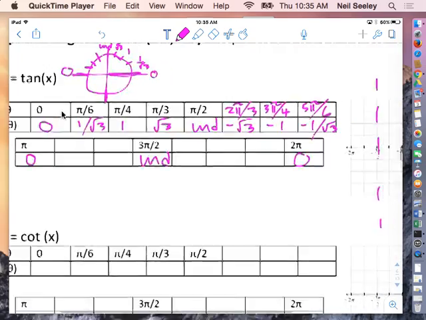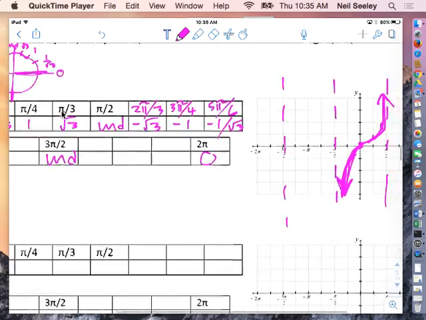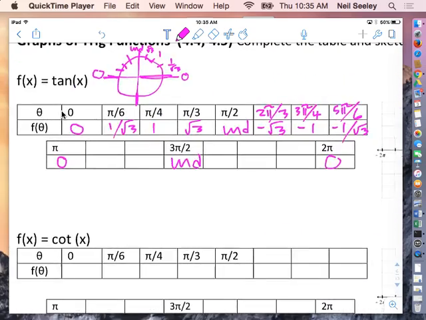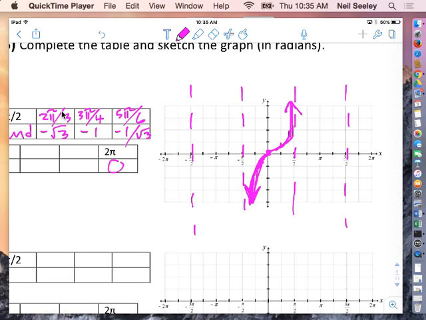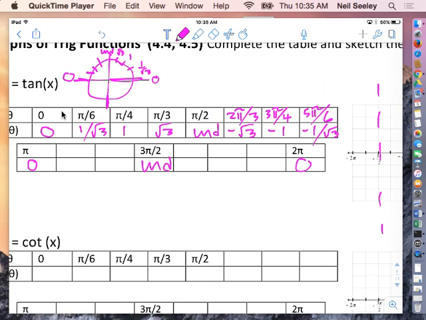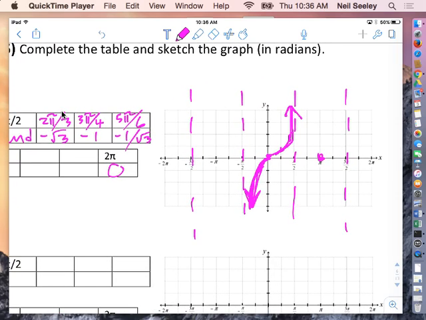Now, what's interesting is that every time you go over to, like, pi, for instance, didn't we put pi in? Pi gave us 0. Well, the graph repeats itself. If you put in some other values that I've left blank in here, for instance 7 pi over 6, which is facing right here, remember it's 180 degrees away, so the tangent is the exact same. That'd be 1 over the square root of 3 again. So it's the same thing I got from putting in pi over 6, which is right about here.